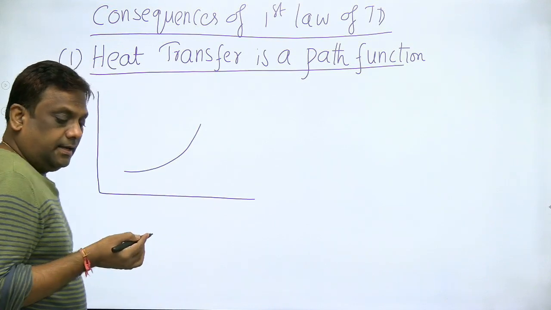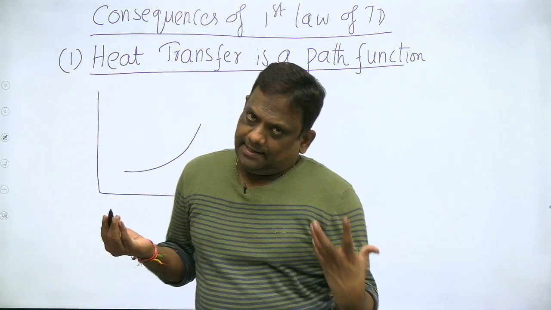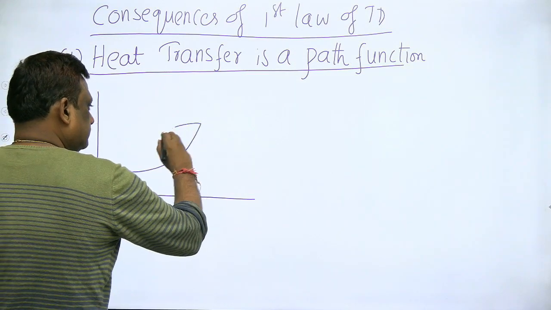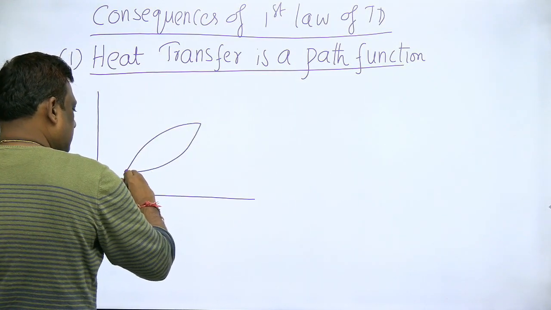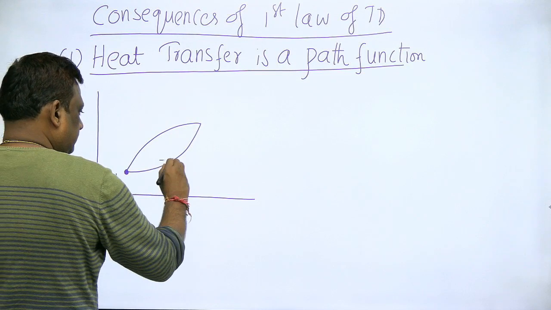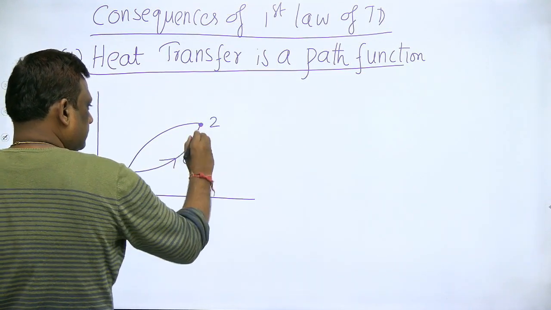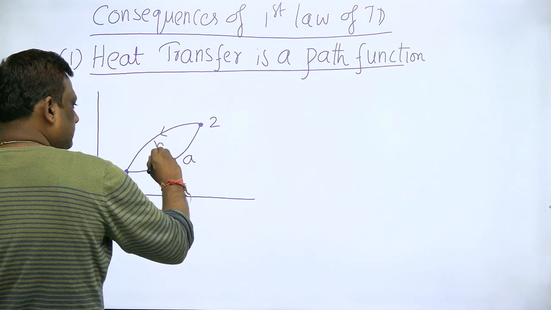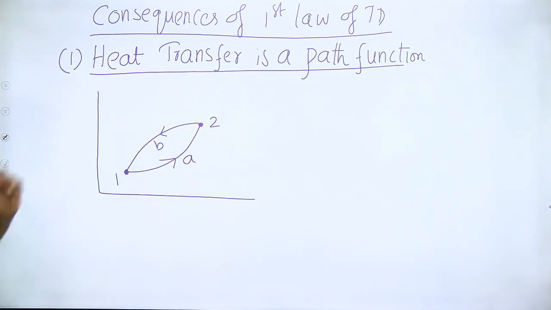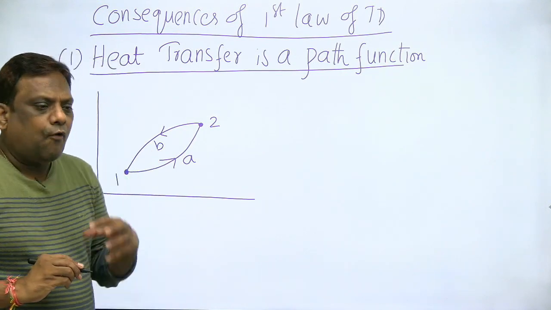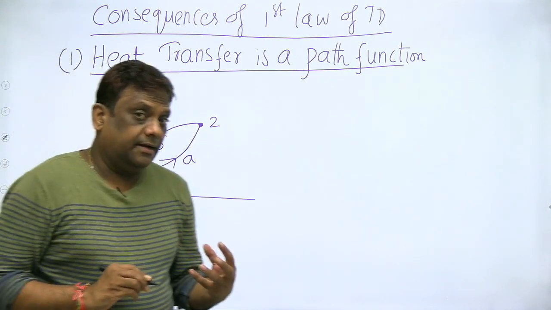For simplicity, let me take a two-process cycle. Yes, this is a cycle. Is it a cycle? Absolutely, it is a cycle. Now, for this cycle, what can I write?